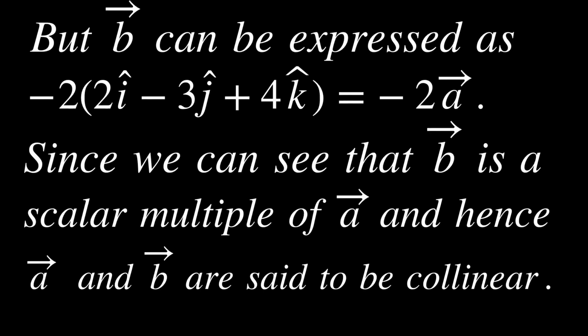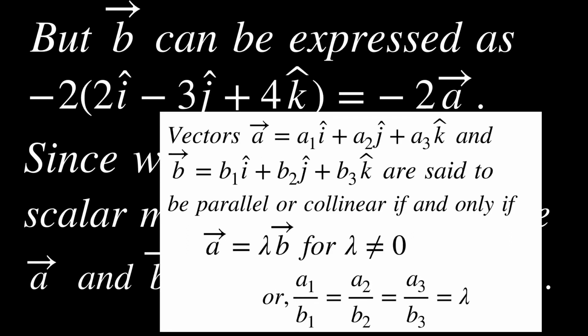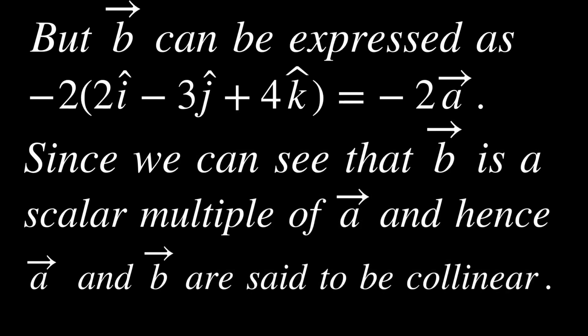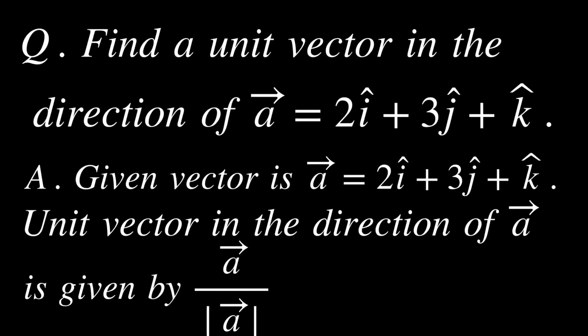Now if you take minus 2 as a common factor from vector B, we can express it as minus 2 into 2i minus 3j plus 4k, which is equal to minus 2 times vector A. Since we are able to express vector B as a scalar multiple of vector A, we can say vector A and vector B are collinear. Next problem.